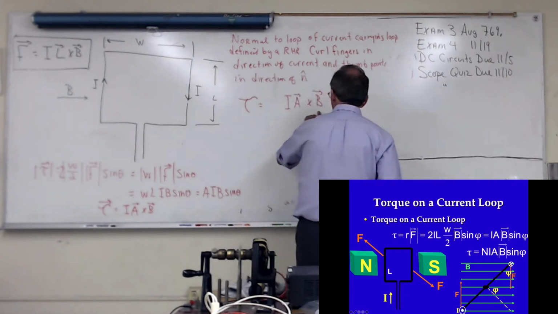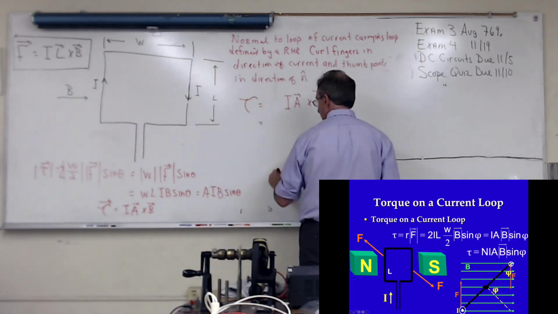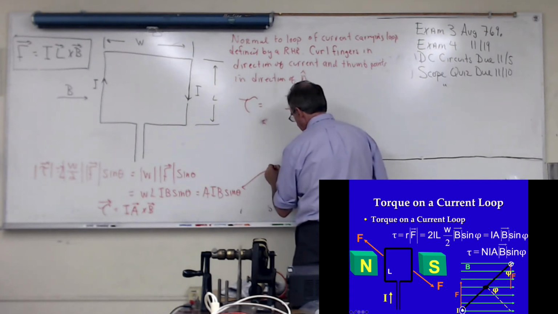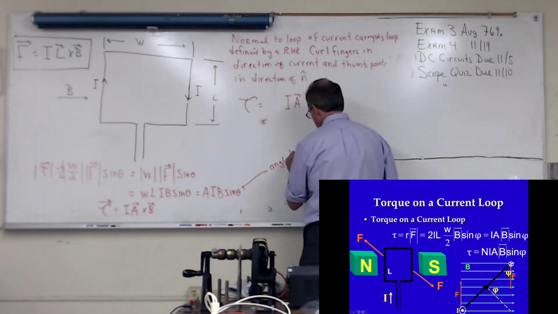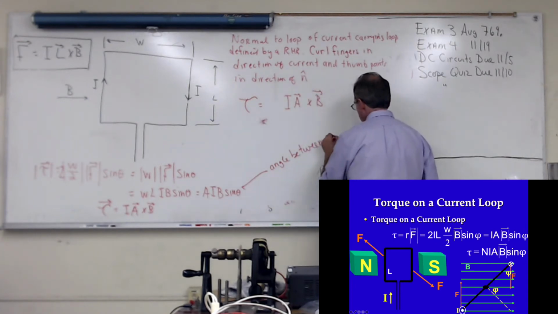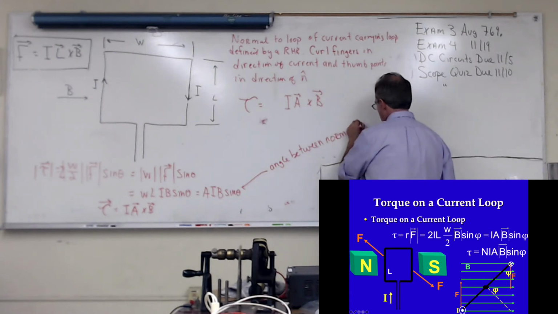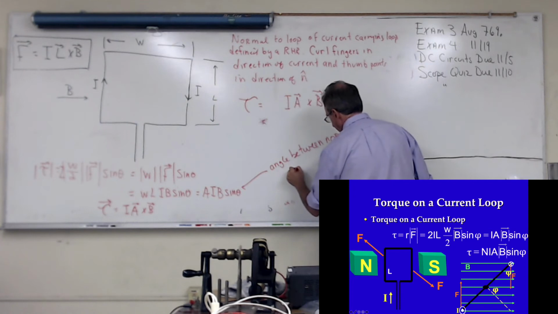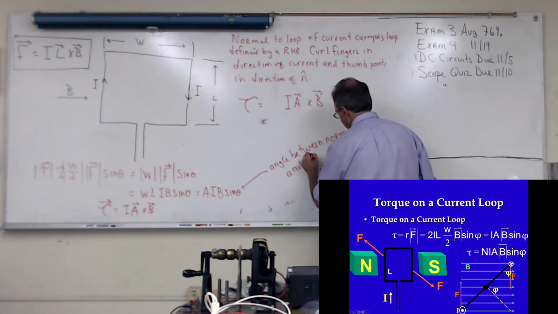So this depends on, if I write this as a, so this angle is the angle between the normal to the loop and the magnetic field.